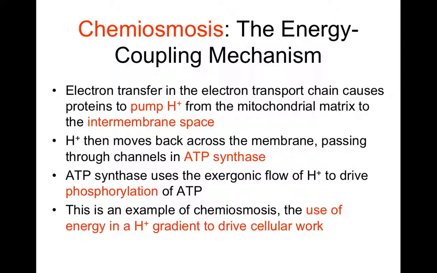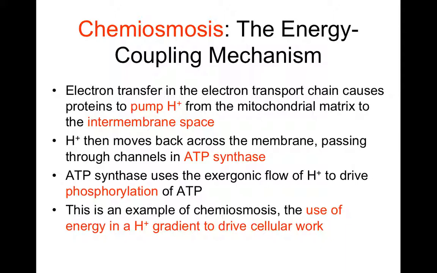The hydrogen ions or protons then move back across the membrane down their concentration gradient, passing through channels in another protein complex referred to as ATP synthase, sometimes just ATPase. The ATP synthase uses the potential energy of that proton motive force, that exergonic flow of hydrogen ions into the matrix, to drive the phosphorylation of ATP.